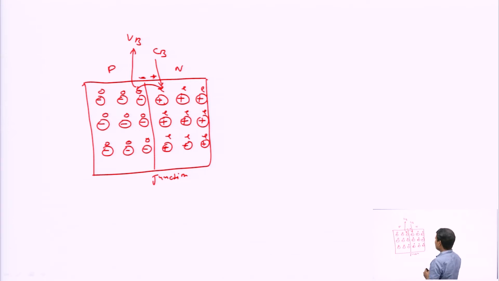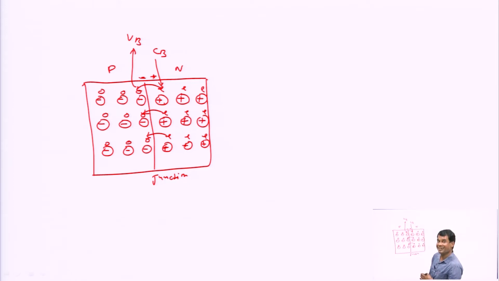Okay guys. Now once again, this electron will also cross the junction and occupy the hole. Now there are two dipoles, and when this electron crosses the junction and occupies the hole, now there are three dipoles. This means the potential difference between the n-type and p-type semiconductor increases.